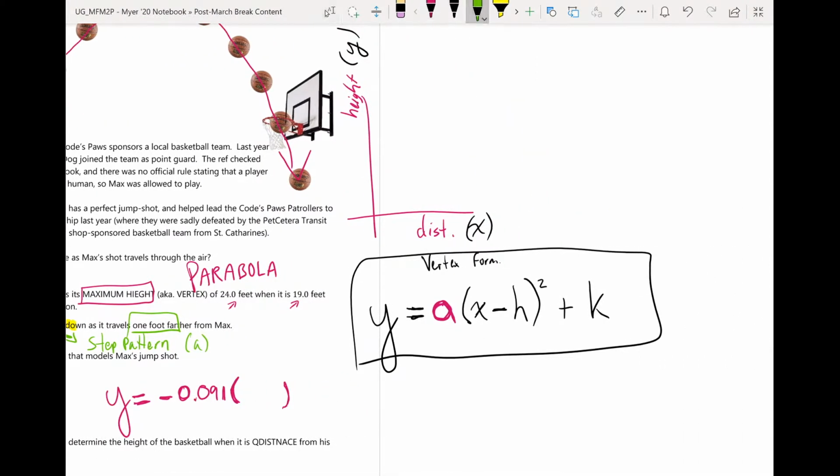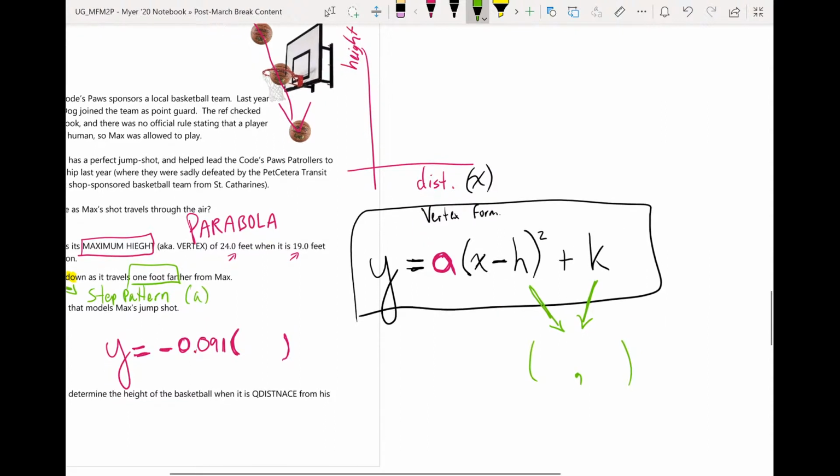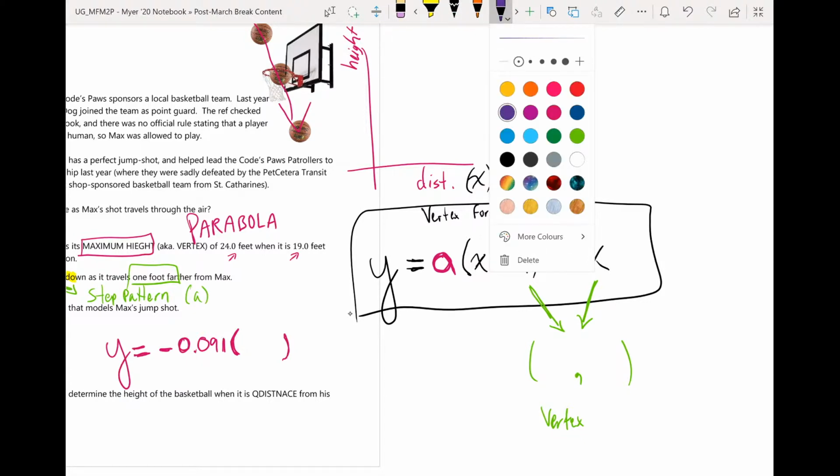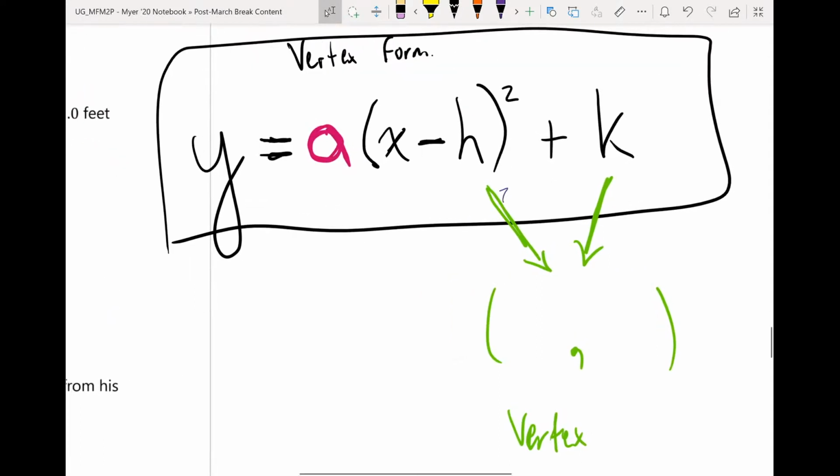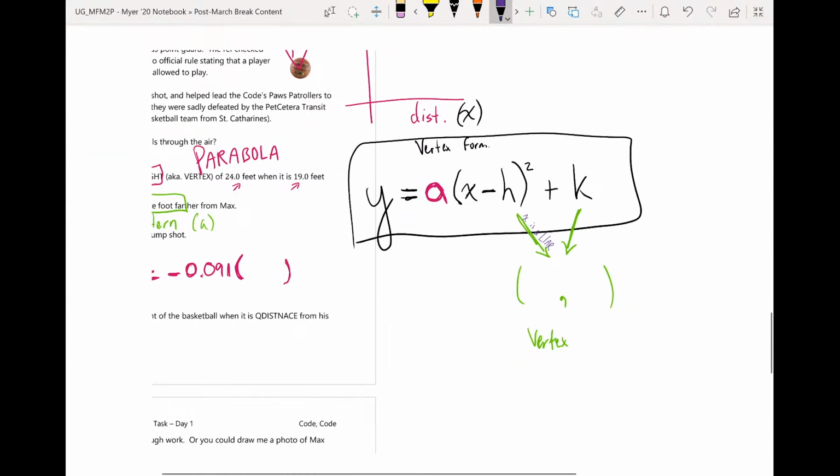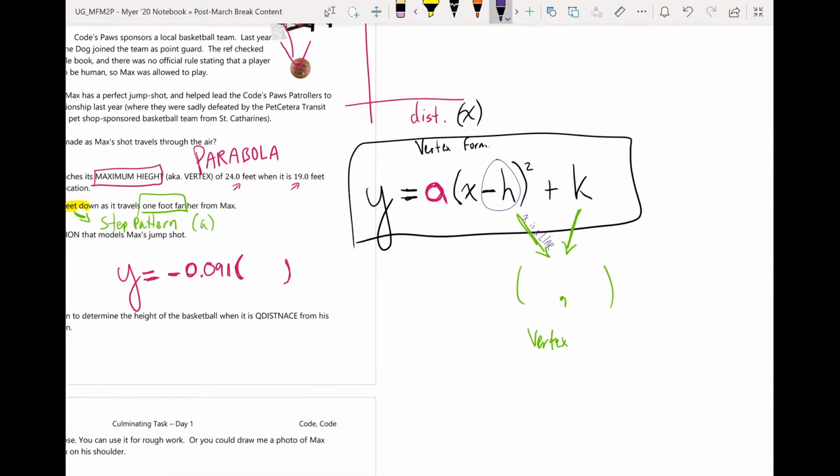If you recall, in vertex form, these two things correspond to our vertex, except one slight problem. X is a liar. So the value that we have in this spot right there is the opposite.